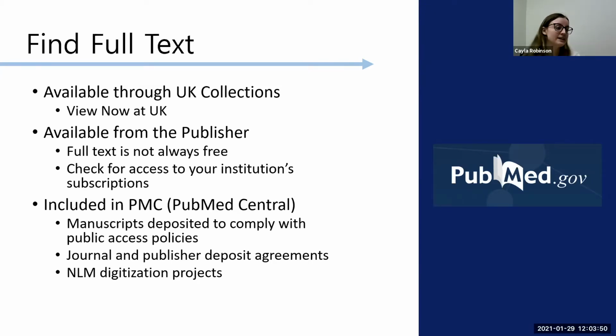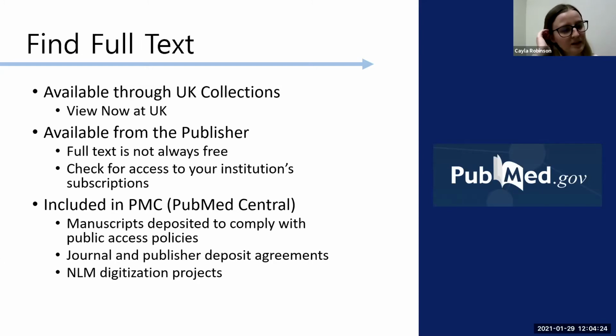If UK has access to this article, if you click that button, it will either take you straight to the full text of the article, or it will take you to the library catalog page, where you'll have to hit another button. There's a yellow bar, and underneath that it says full text available at, and then there should be a link if there is. Full text is not always free, so ensure that you're checking our subscriptions, and that's what I meant by the catalog. If we have access to it, if you click that button, it will pop up and you'll be able to read it.